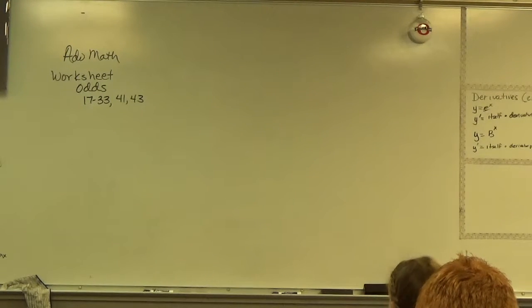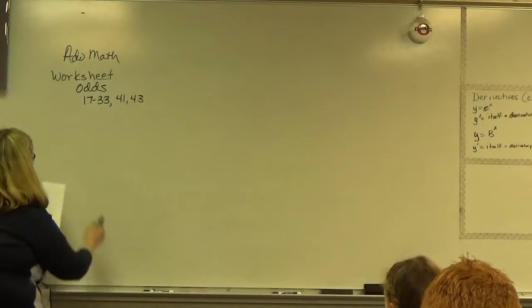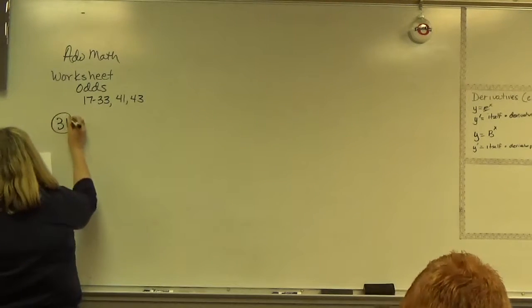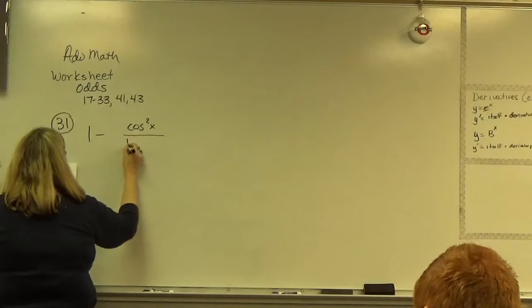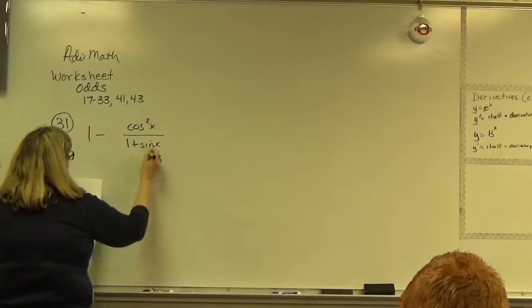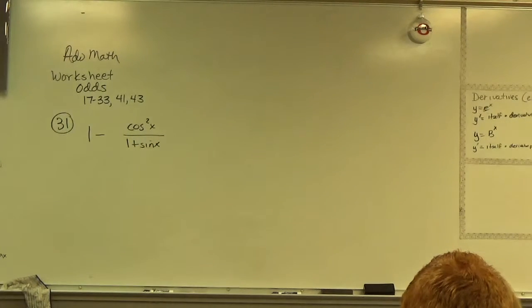Um, 31? Sure. Now this one I've done probably 5 different ways, but the one that's the fastest, not butterfly, is making use of this right here. What's another way of saying cosine squared?